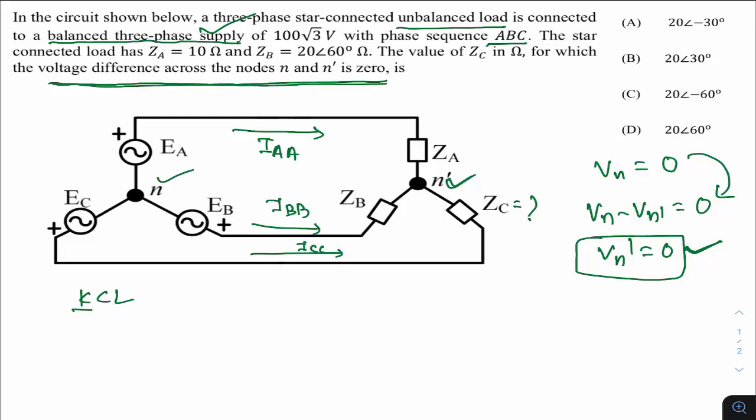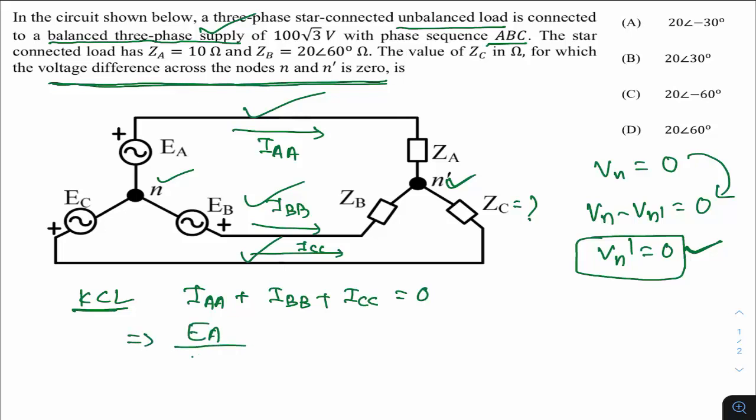If I write the KCL at node N, all currents are outgoing, that is IAA plus IBB plus ICC, and the sum of the outgoing currents should be 0. Or if you write at N dash, the sum of the incoming currents is 0. That is also okay. IAA is basically EA divided by ZA, IBB is EB divided by ZB, and ICC is basically EC divided by ZC. This equals 0.